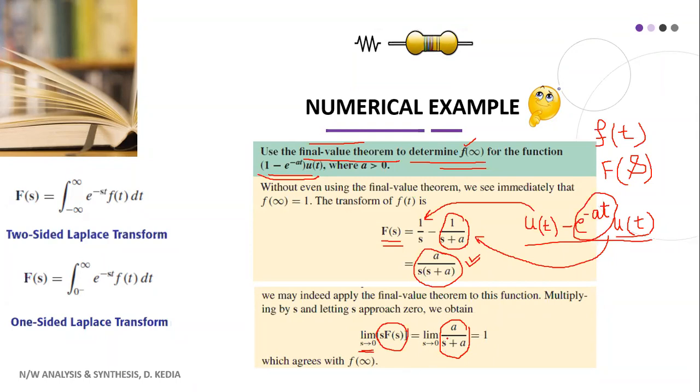If you do that, a by a will be nothing but 1. So what does it mean? The final value theorem tells us that f(infinity) is equal to 1. This is the answer. This is how we apply the final value theorem by using the Laplace transform.